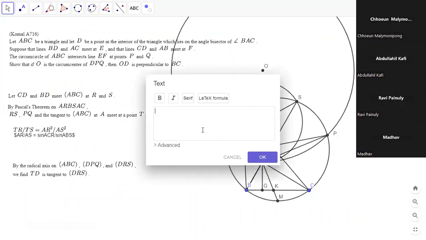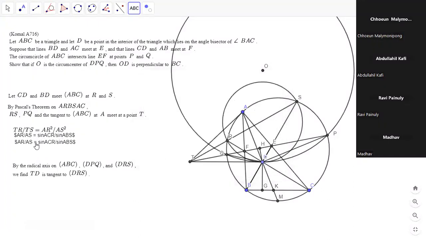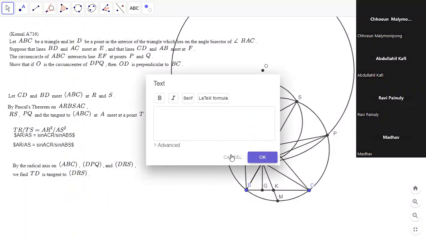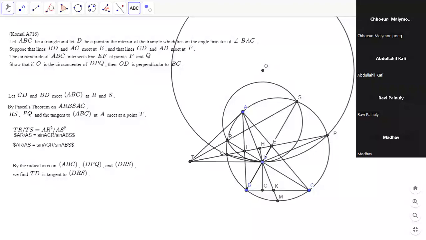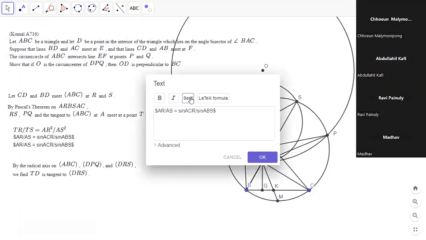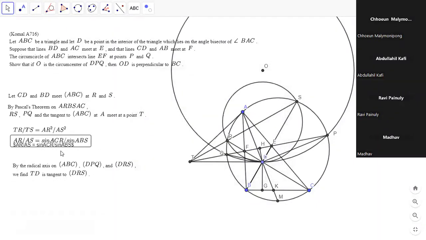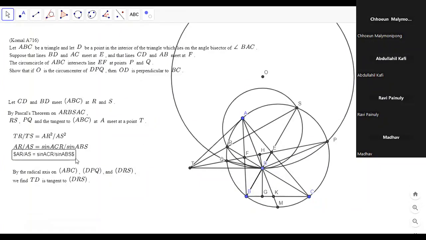And then Trig Ceva. Oops, sorry, I didn't copy right. I copied the same thing twice. Give me a moment. So we have this, and then we copy the other thing you wrote.